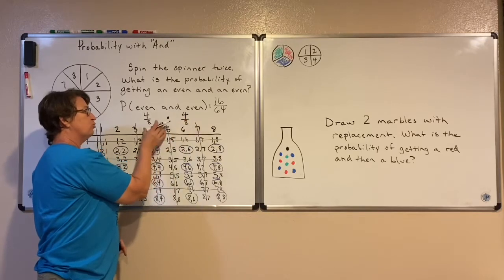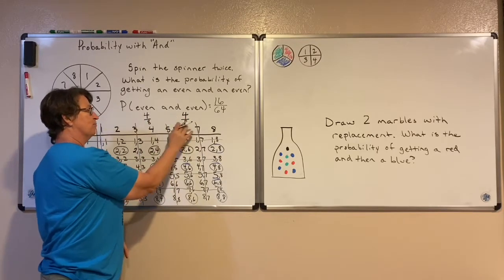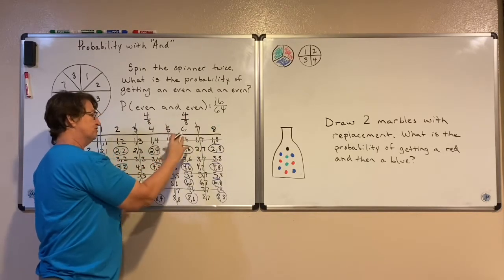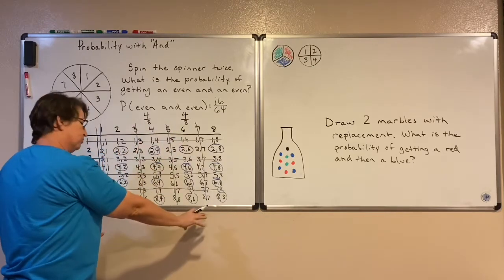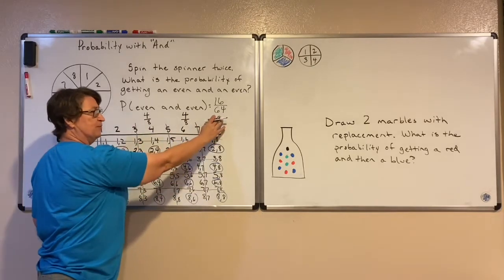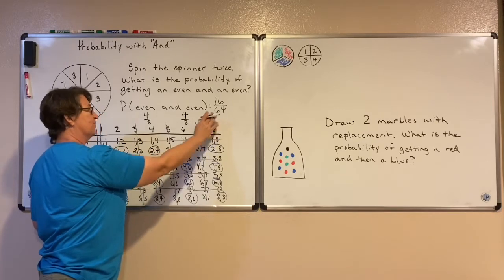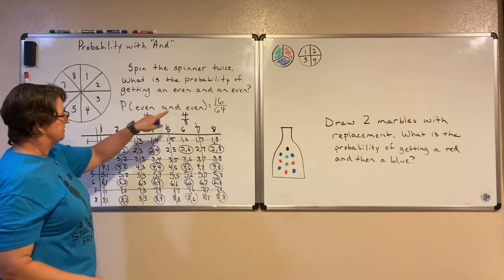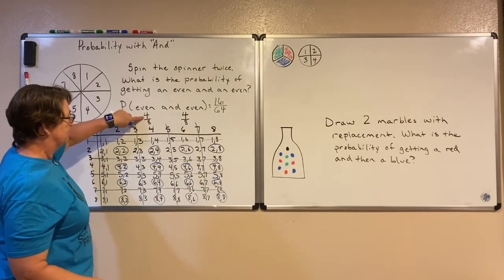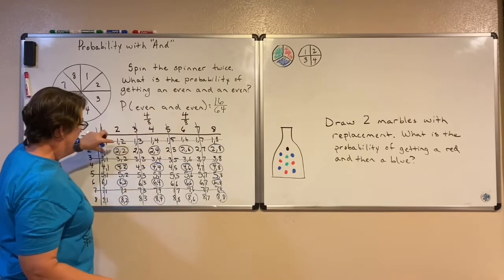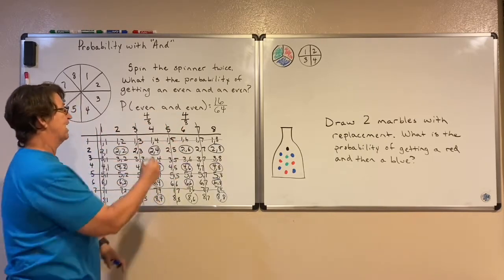So notice what we did with these numbers. In order to get to the 64, I multiplied 8 times 8. And in order to get that 16, I really multiplied this 4 times that 4. 4 times 4 gave me the 16.